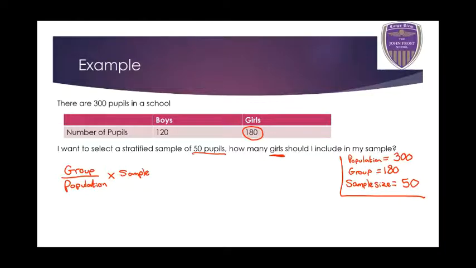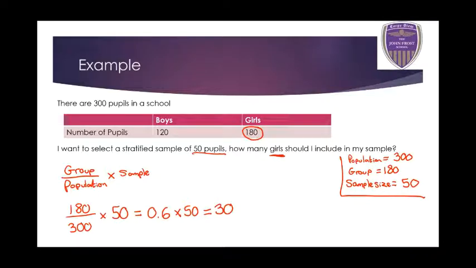The group size is 180, the population is 300, and the sample size was 50. If you type that into a calculator, you can do this step by step. 180 divided by 300 is 0.6, so we're left with 0.6 times 50, which gives 30.